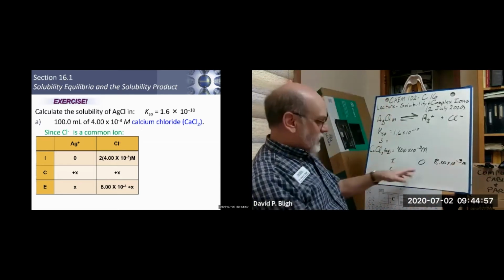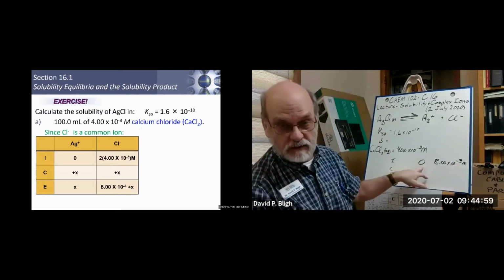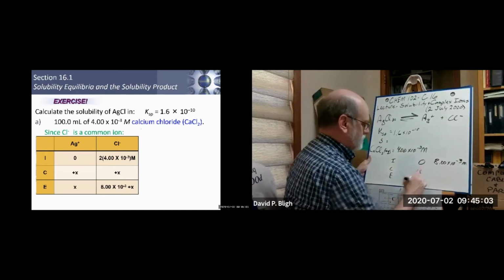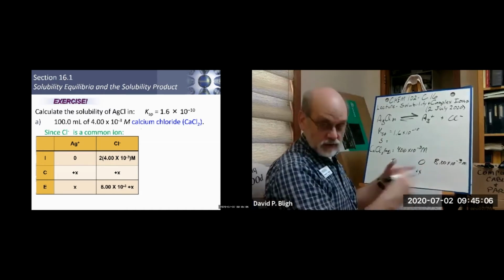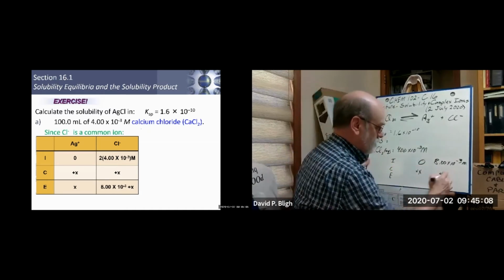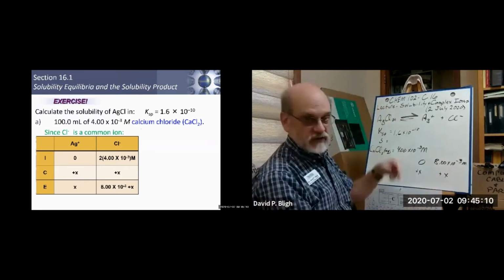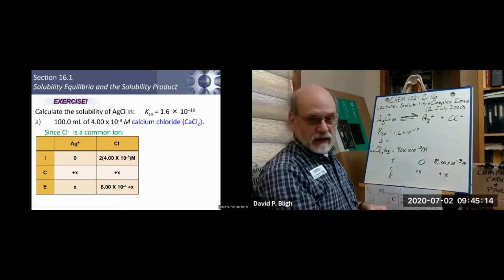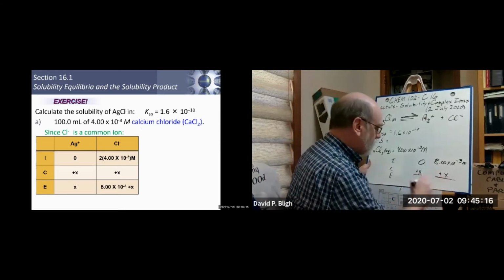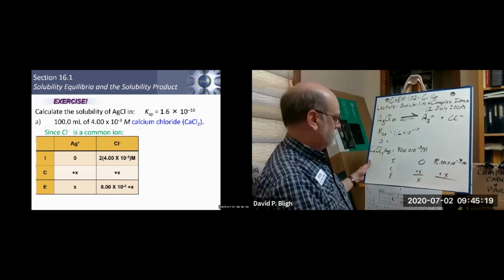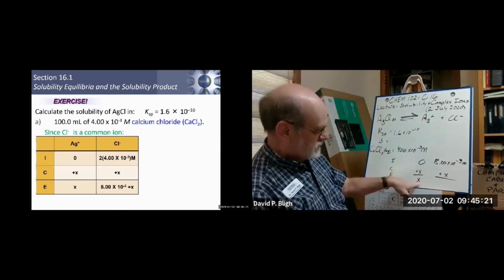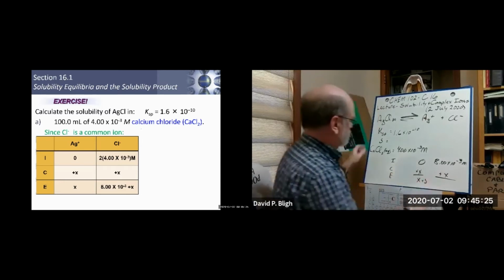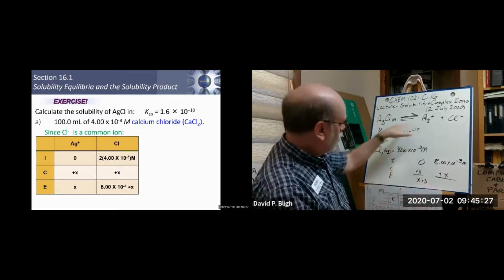Now, since there's no silver in solution to start with, we're going to create some. We know that the reaction is moving that direction. We just don't know how much yet. So at equilibrium, we have that much, and X turns out to be equal to S, the solubility, because it's 1 to 1.